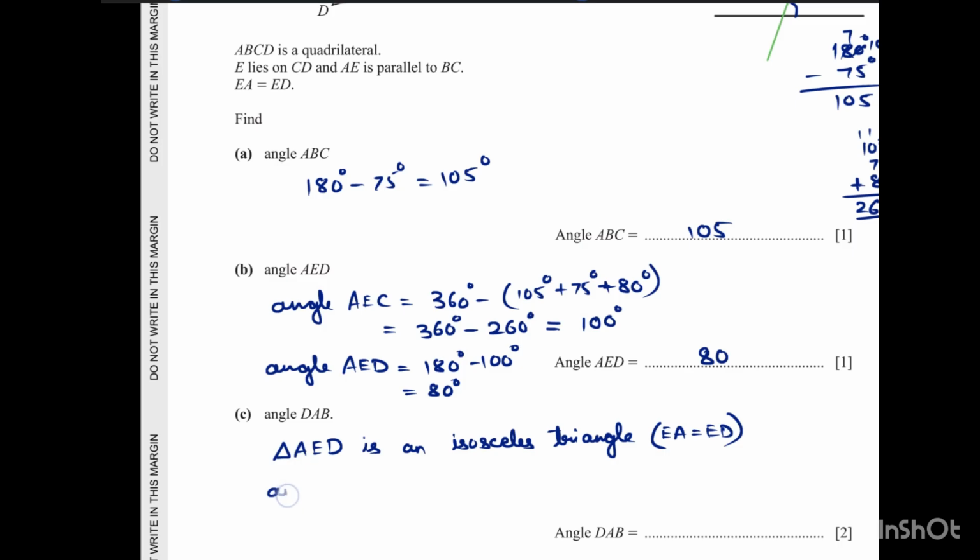So angle DAB is equal to 180 minus 80 by 2. So 180 minus 80 is 100, 100 by 2 is 50. So angle DAB is 50 degrees.